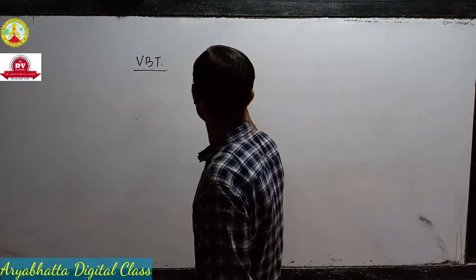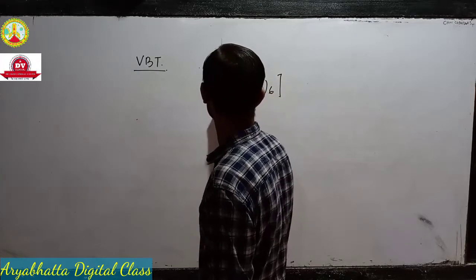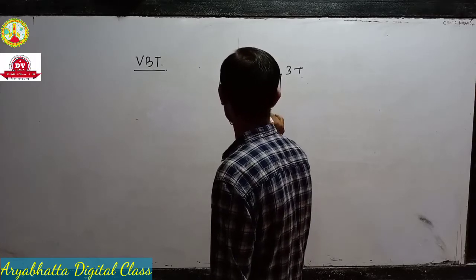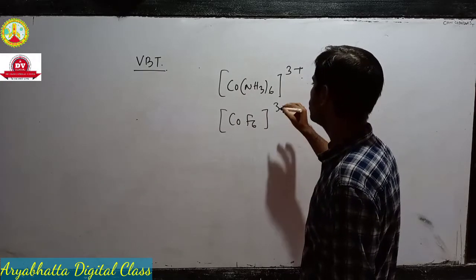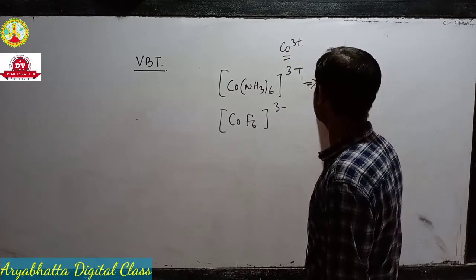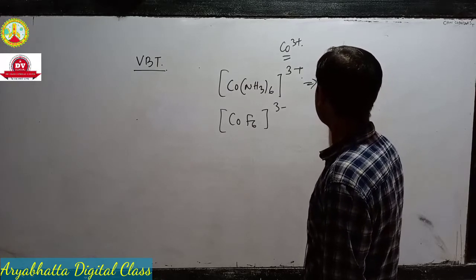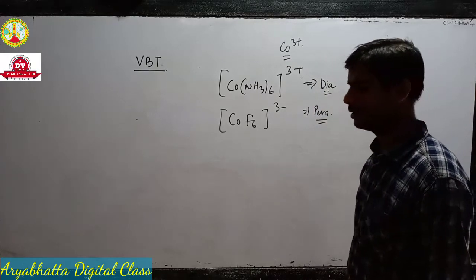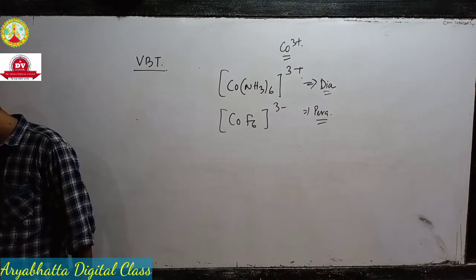We got these two complexes, one was like this and one was like this, and we have seen that in both the cases cobalt is in +3 oxidation state, and this was diamagnetic and it was paramagnetic, though the oxidation state of the cobalt was same.